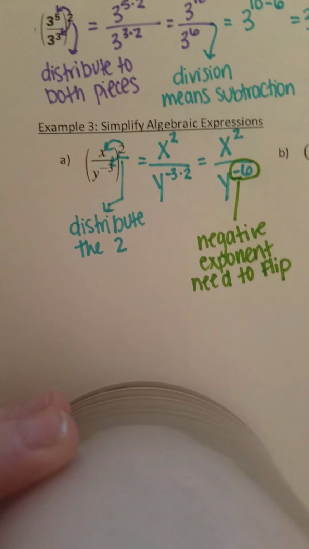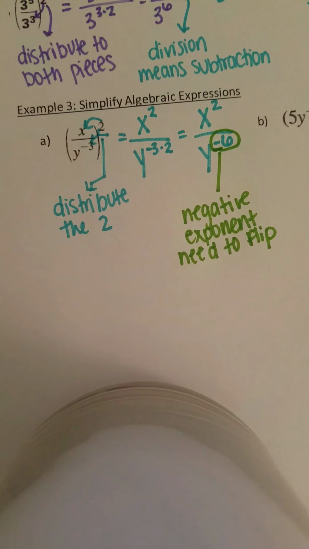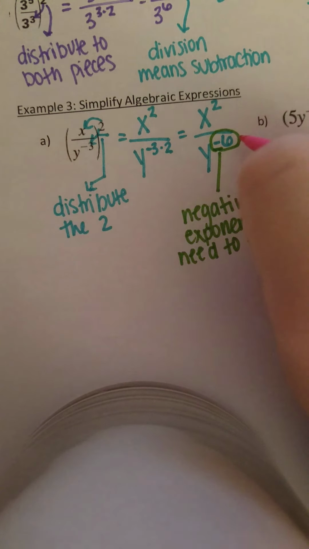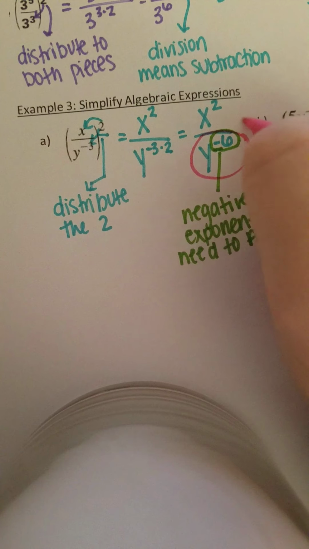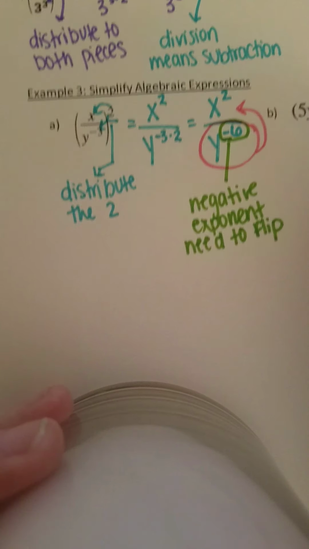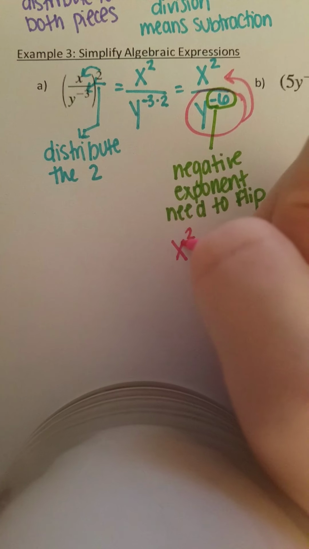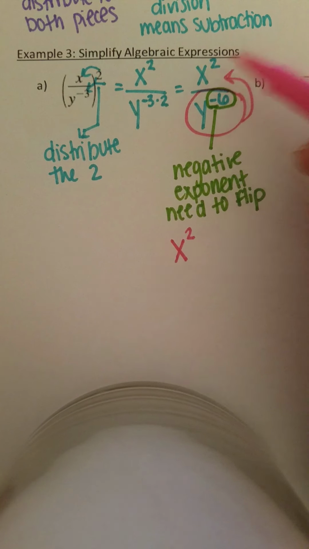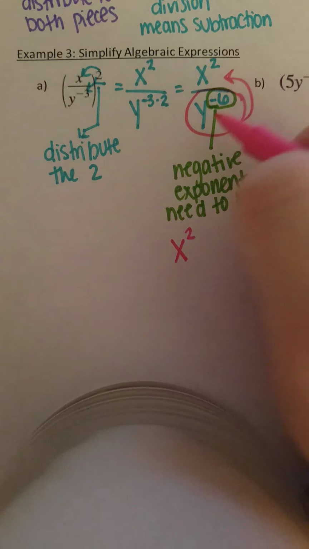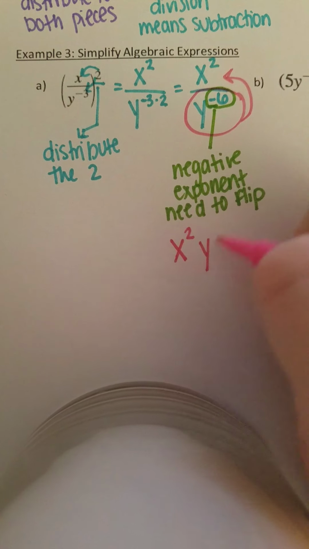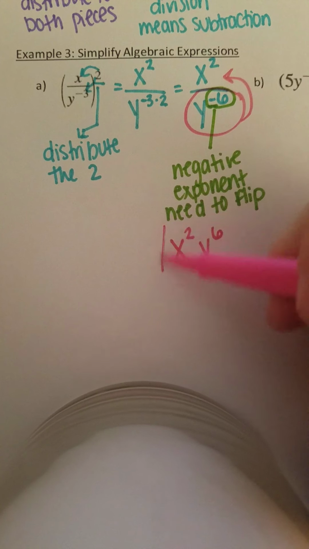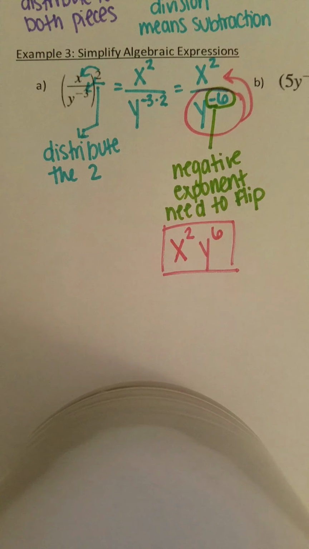What it does mean is that we are going to take this bottom piece and kick it to the top. So the x squared is going to stay at the top because that's a positive, so we don't want to touch it. But now we're going to take this and it's going to be y to the 6th power. And that is your final answer.